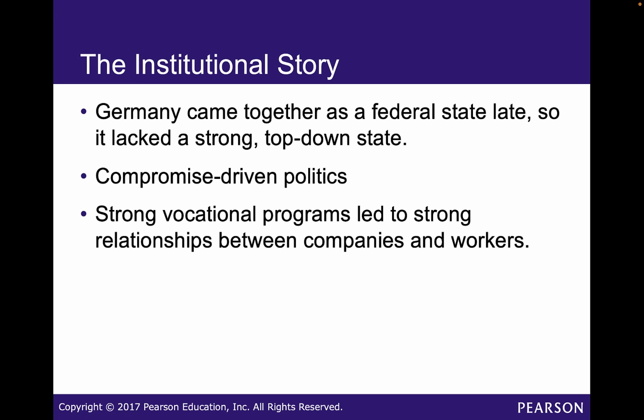They came together as a federal state late, so it lacked a strong top-down state. There was a lot of compromise-driven politics, compromising in the world of government. And there were strong vocational programs, which led to a strong relationship between the company and its workers, where people were maybe working at a company for the majority of their career.